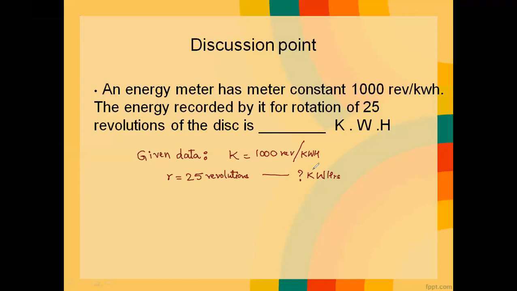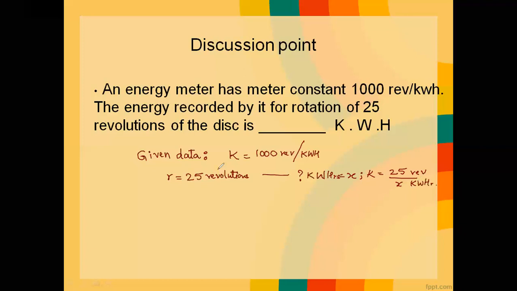So for this given data, say we have around x kilowatt hours for this condition. Taking this data, what would be the meter constant? It should be revolutions, which is 25 revolutions. And what is the energy consumed? We don't know, so we take it as x kilowatt hours.